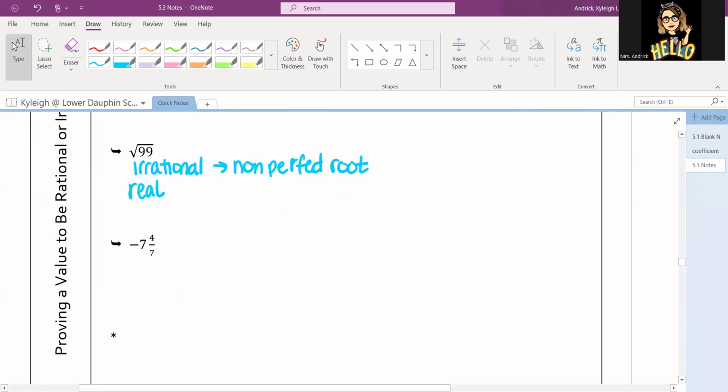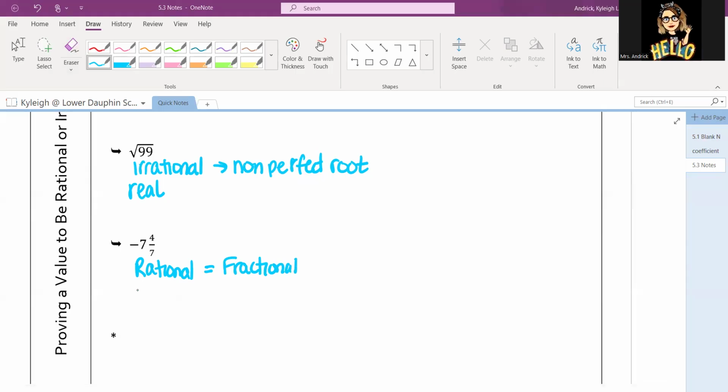Take a moment. I see a fraction, and fractional equals rational. Whether it's positive or negative, it doesn't matter because it's a fraction. So it's rational and it's real.